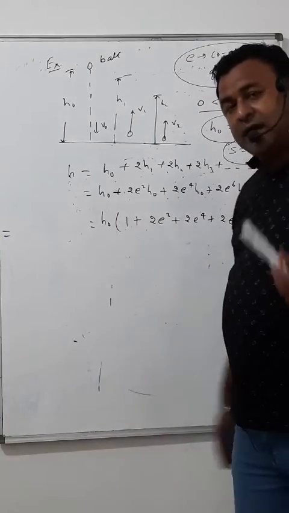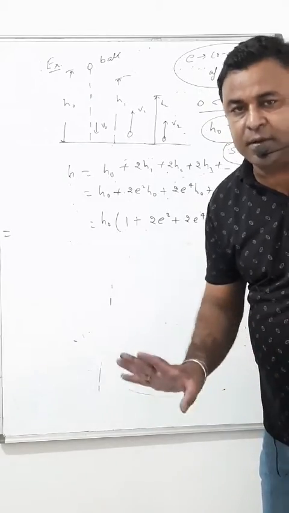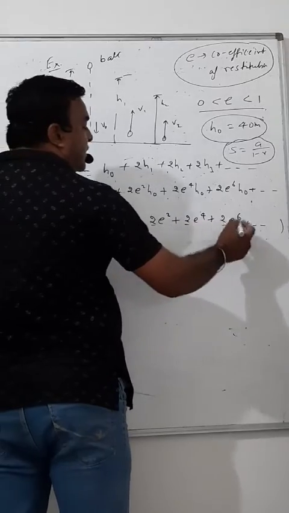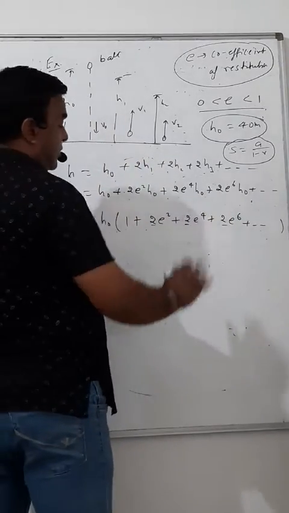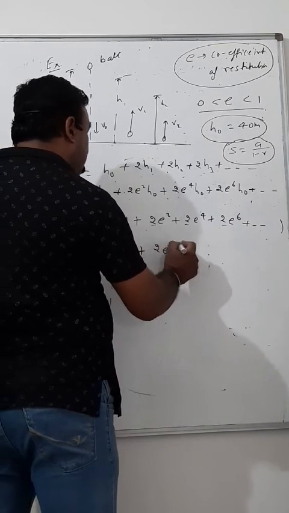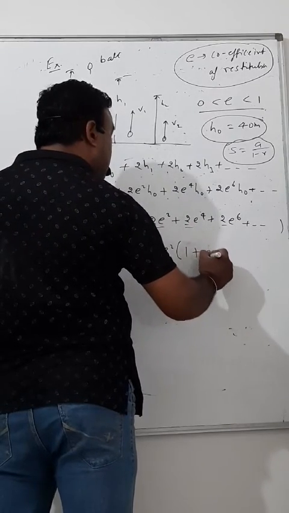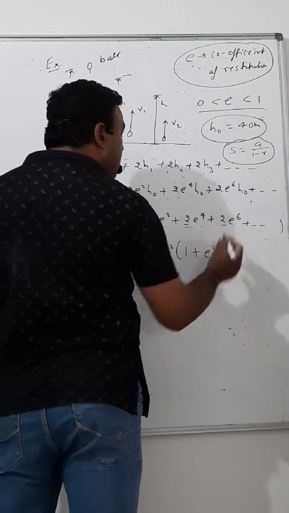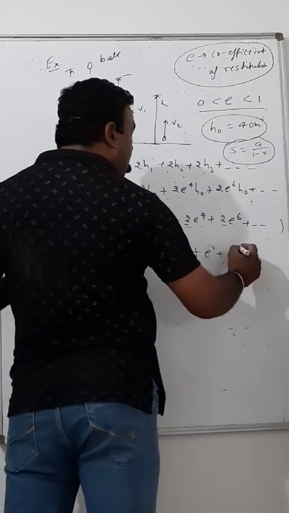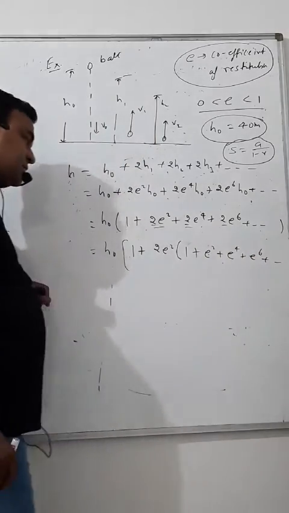Now adding again, there's a little elementary level of mathematics. Up to now I haven't used any bigger formula. Still, there is 2 with all of them. I take 2e square common from these terms: 1 plus e square plus e4 plus e6 and so on.